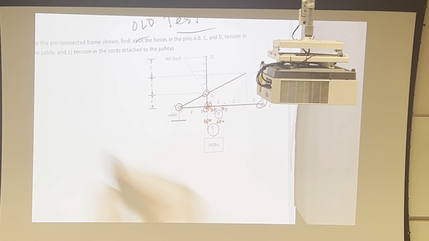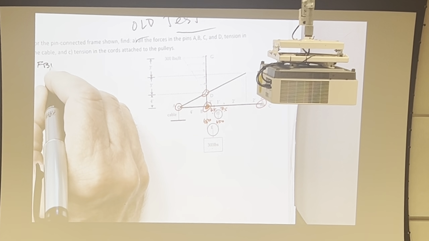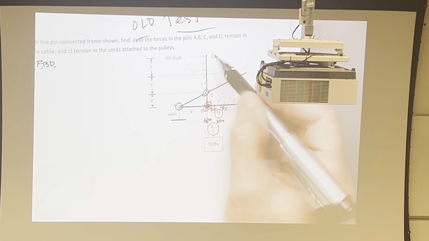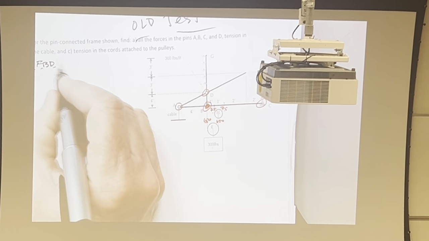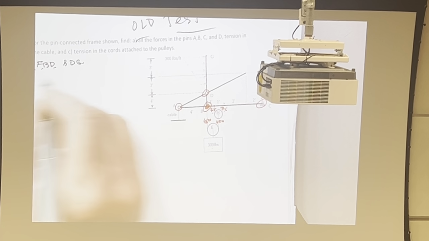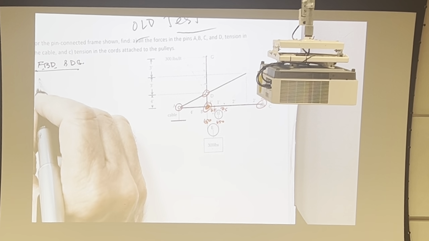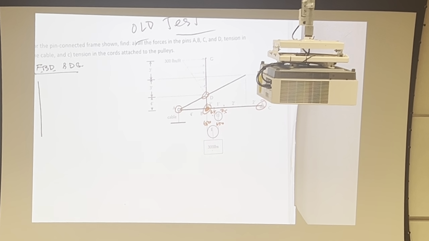All right, so I'm going to start by doing a free body diagram of BG. Free body diagram of BDG. That's this vertical piece that I'm going to have a pin at B, which means I have a BX, I have a BY.